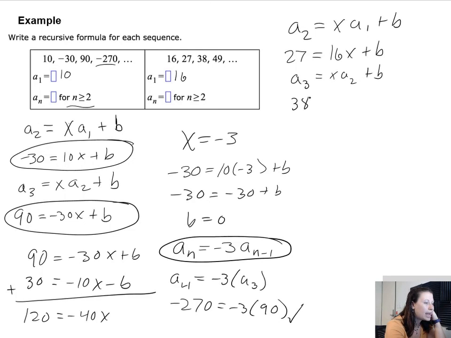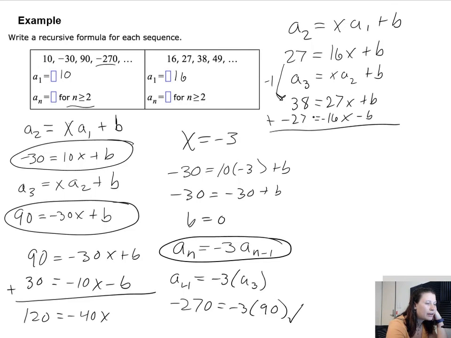So that would be 38 is equal to 27x plus b. So again, we can multiply one of them by a negative. So let's multiply this one by negative 1. So we have negative 27 is equal to negative 16x minus b. Add together, that's 11 is equal to 11x plus, no b. b went away, right? 0b. So then x is equal to 1 for this one.